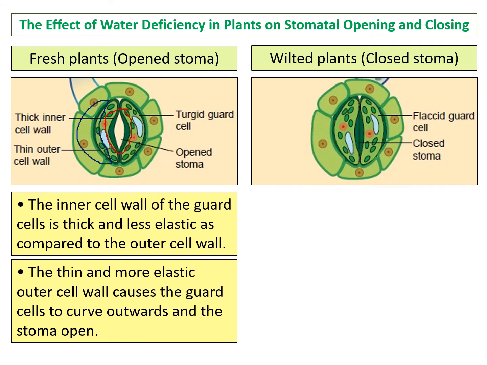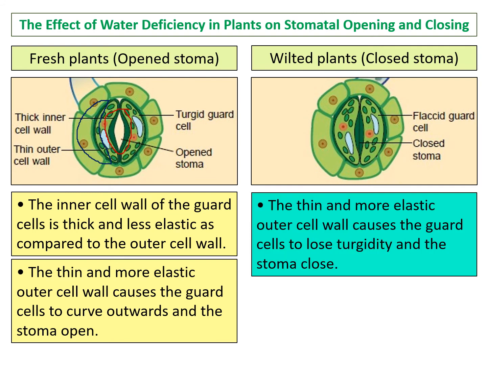And in wilted plants, the thin and more elastic outer cell wall, this is the outer cell wall, causes the guard cell to lose turgidity and the stoma closes. This one is the inner cell wall. So you can see that the guard cell is flaccid and the stoma closes.